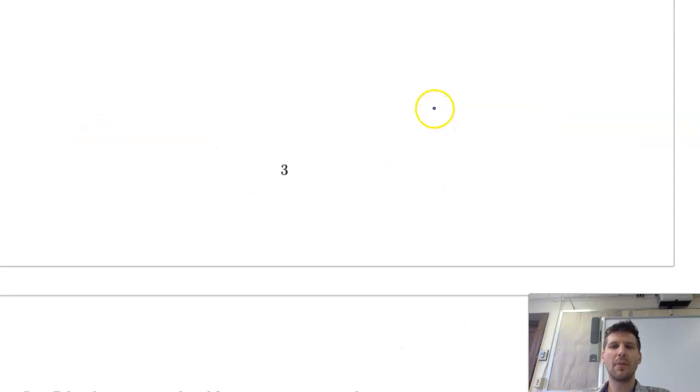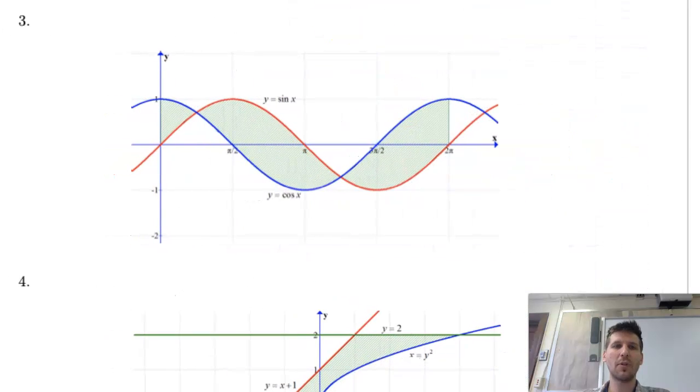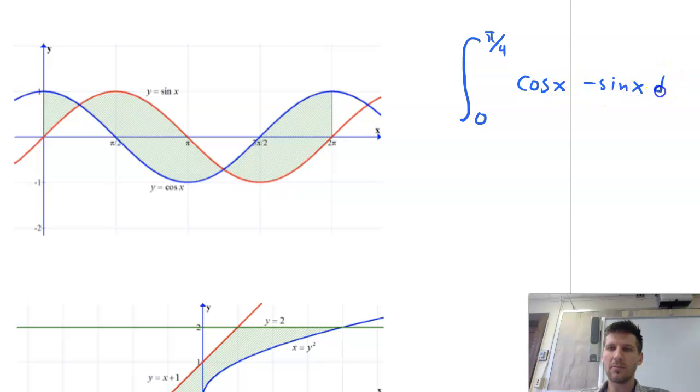That's at pi over 4 radians, or as we know, 45 degrees, for those of us who prefer to think about them in degrees. From 0 to pi over 4, that's when we have cos of x minus sine of x dx.